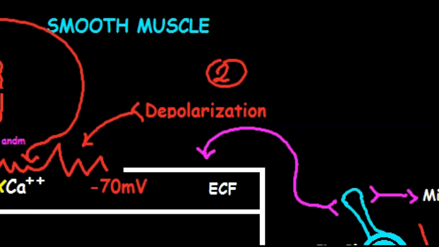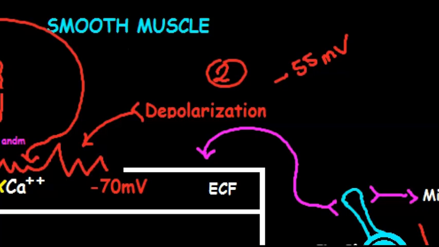This happens as a result of 2 reasons. The first reason is sodium ions rush into the cell and potassium ions leave the cell. In this case, the cell membrane becomes depolarized, reaching a threshold of negative 55 millivolts. And this triggers what we call the smooth muscle contraction.